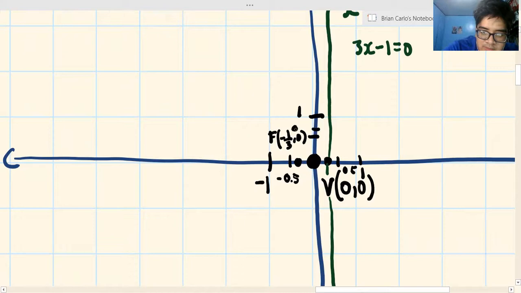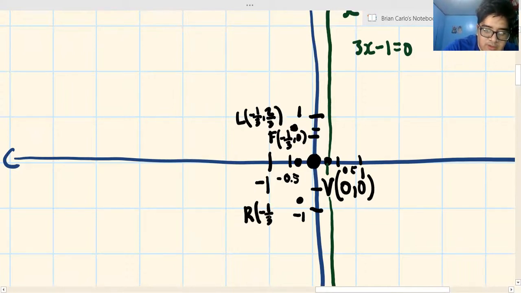So, ito yan, 0.66. Ayan. Sunod. Ito yung negative 1. Ito yung negative 0.5. Kaya ito yung L, which is (negative 1/3, 2/3). Ito naman yung R na (negative 1/3, negative 2/3).